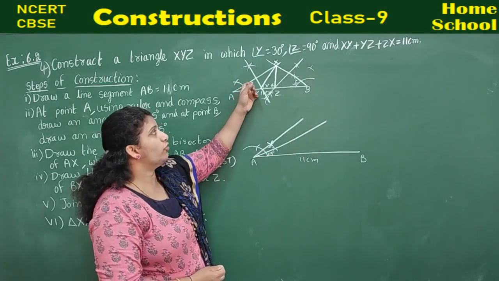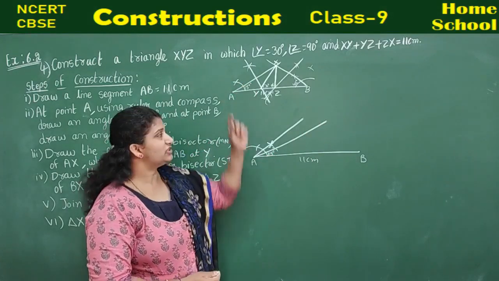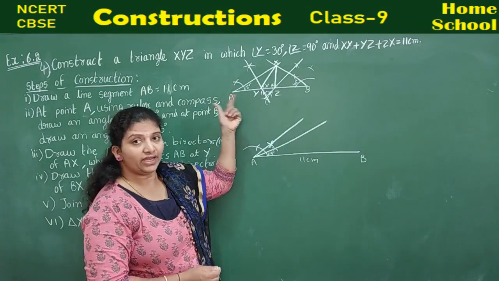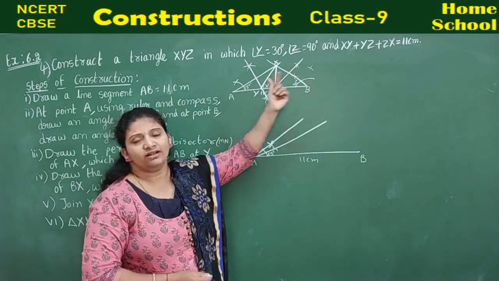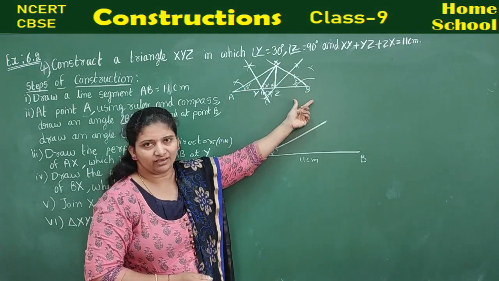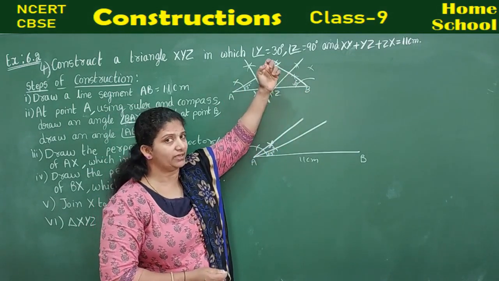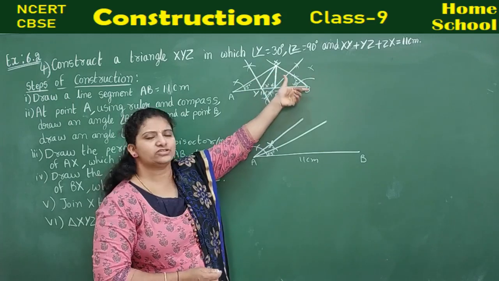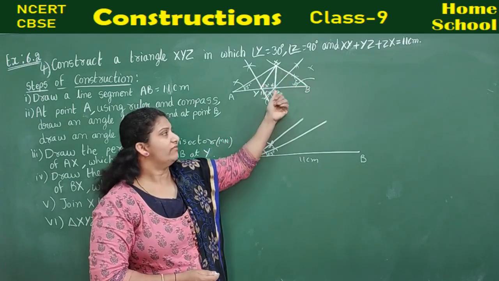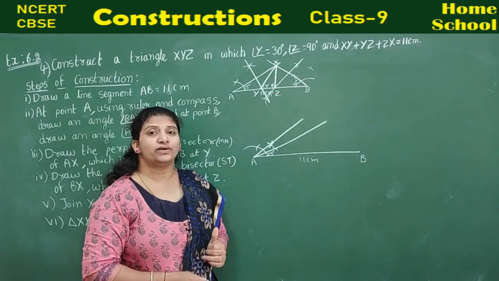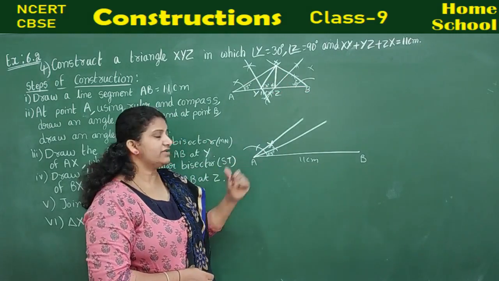Here I have showed you only one ray, but actually you need to do two rays. First thing what I have tried to show here, 15 degree angle, 45 degree angle make here, children. Try to meet the two rays where they intersect, mark it X. Then these two lines do the perpendicular bisector. Where they intersect, join, you are going to get X, Y, Z. But actually how you are going to get? This is the way you get.